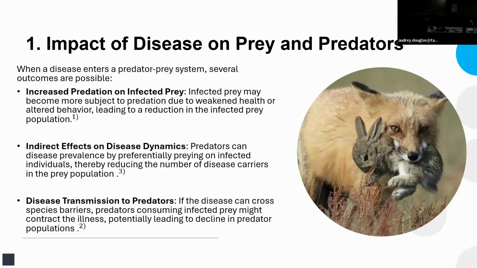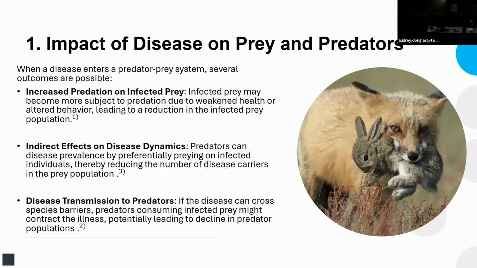Predators can influence disease prevalence by preferentially preying on infected individuals, thereby reducing the number of disease carriers in the prey population.